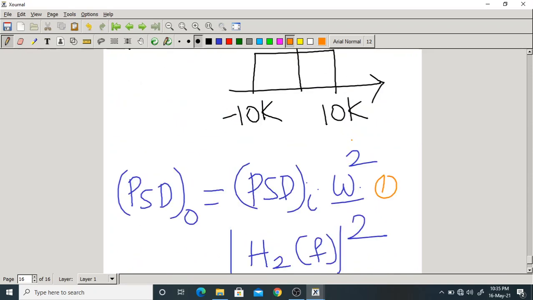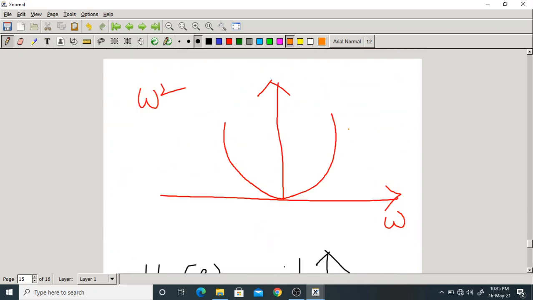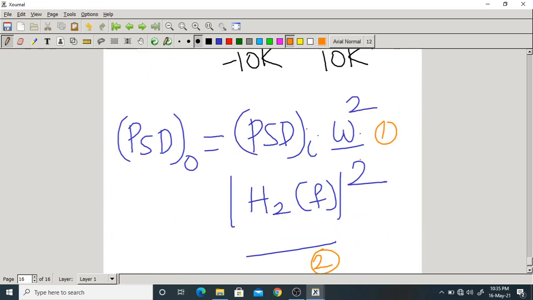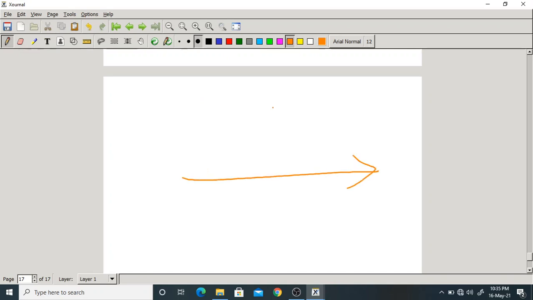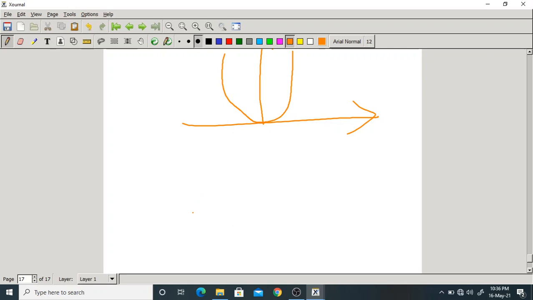But omega square is a parabola like this. Now if you multiply these two, what do you get? This into this, 1 into 2. Any guesses? We are multiplying these two. So one is omega square. Next one is this.